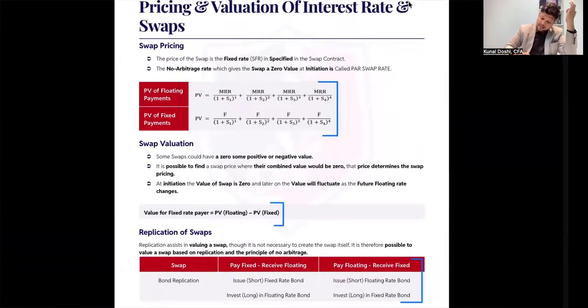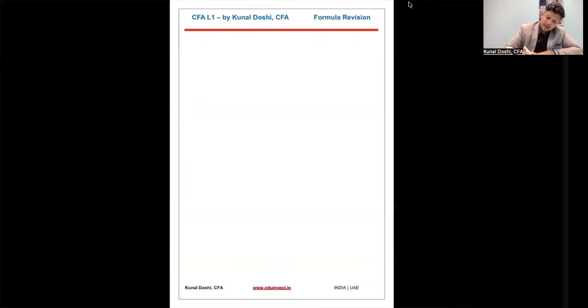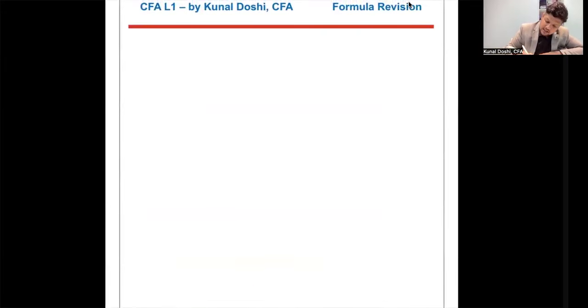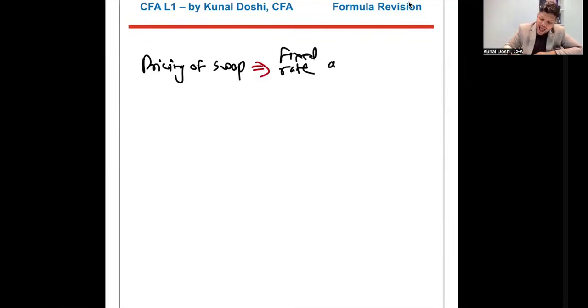Now, swap. There are two parties in an interest rate swap, plain vanilla swap, floating and fixed. So remember in swap, the pricing of swap, very important. Pricing of swap is the fixed rate, guys, the fixed rate at which what will happen?